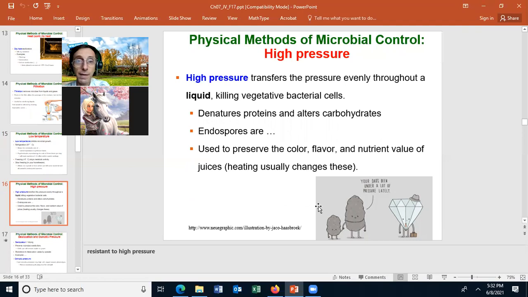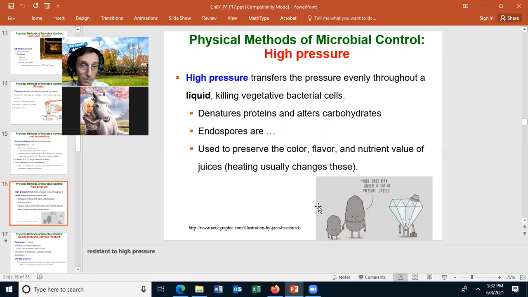All right, the next method of microbial control is high pressure. High pressure transfers the pressure evenly throughout a liquid, killing the vegetative bacterial cells. High pressure does not necessarily kill endospores.